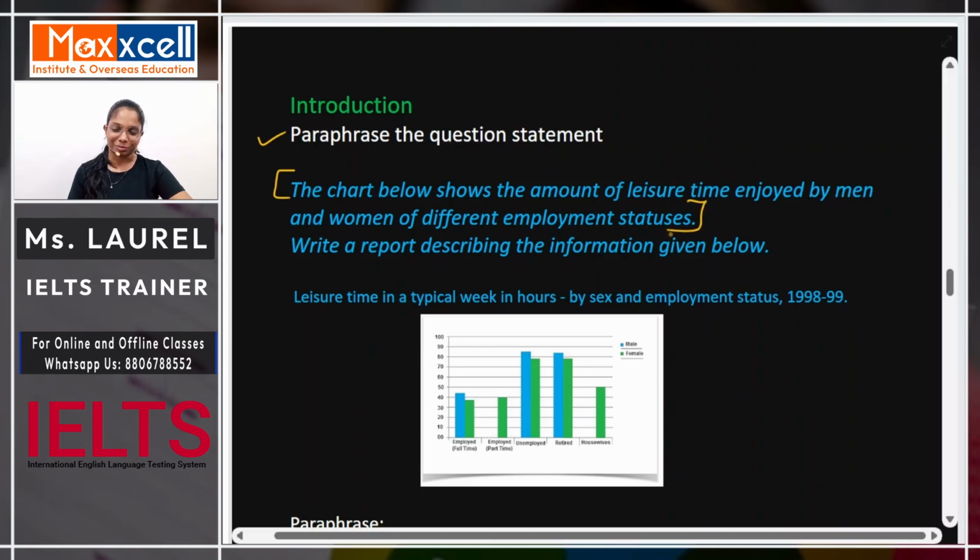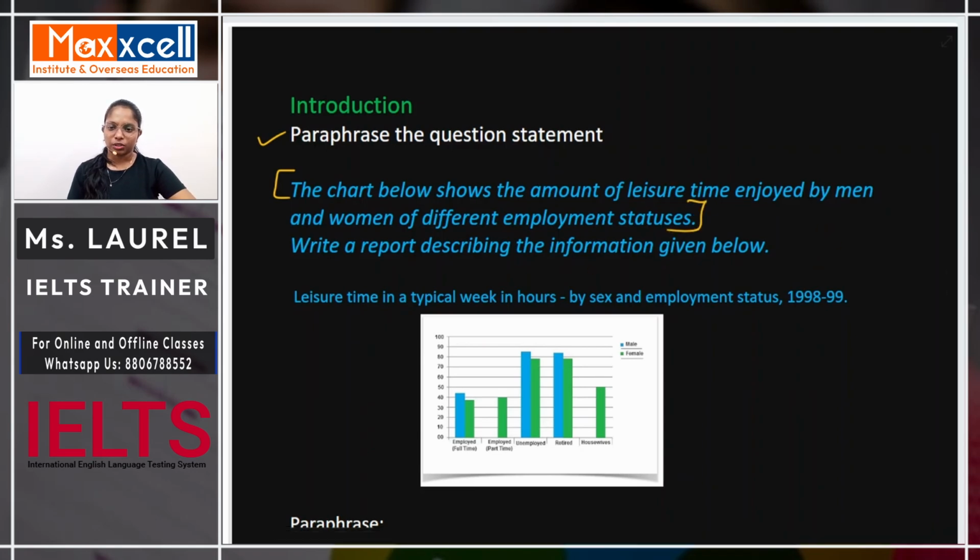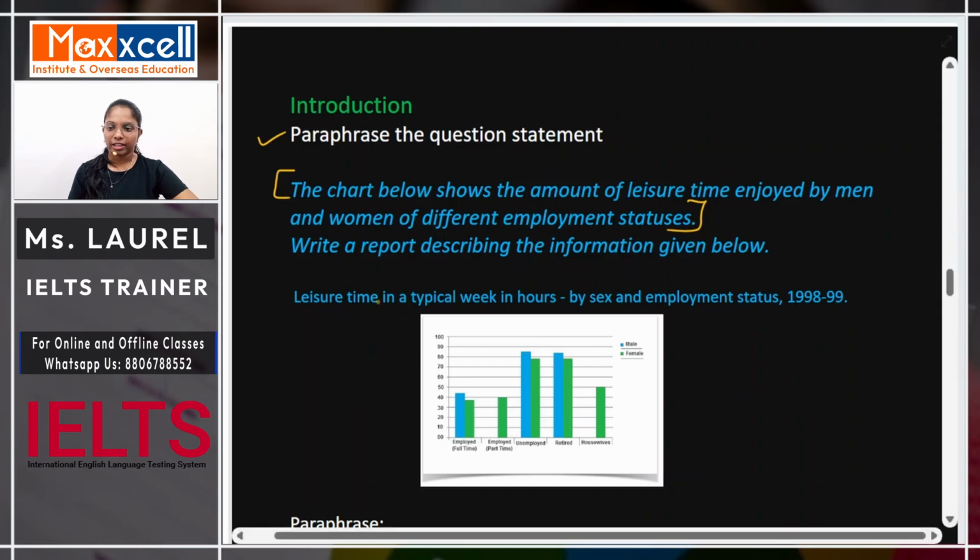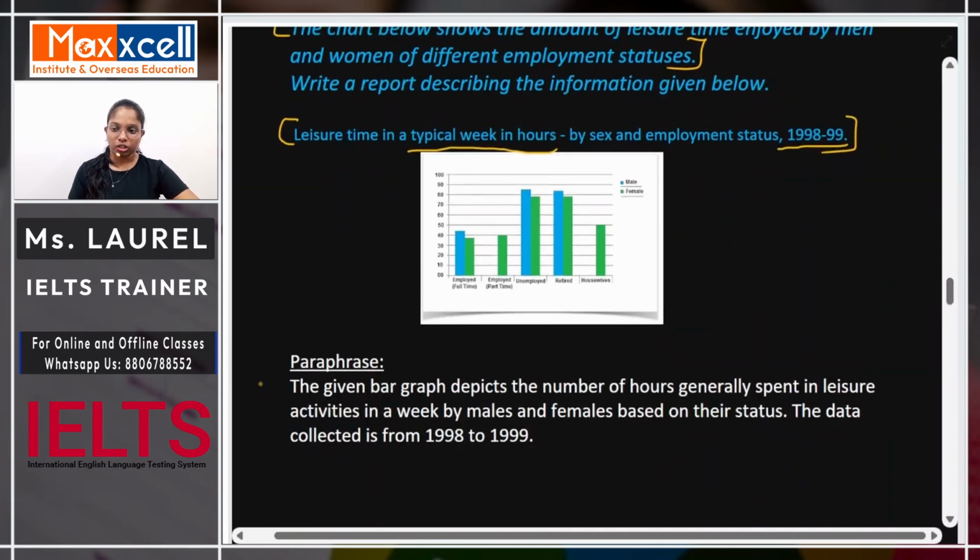This is your question statement. Moving on, we had also marked this part, which is the title of the graph, and there are crucial details here like the years and typical weeks in hours. All this information needs to be retained. So here you can see the paraphrase.